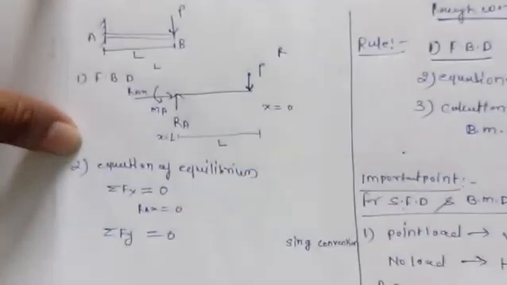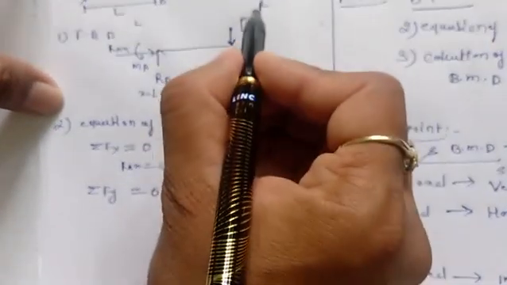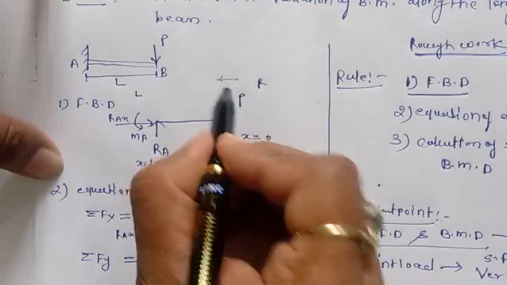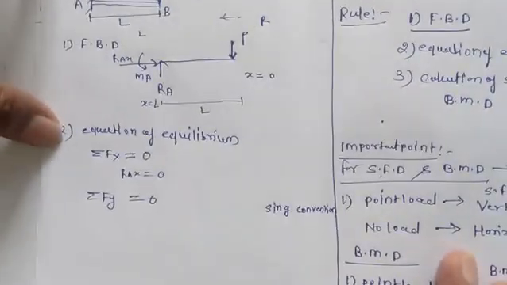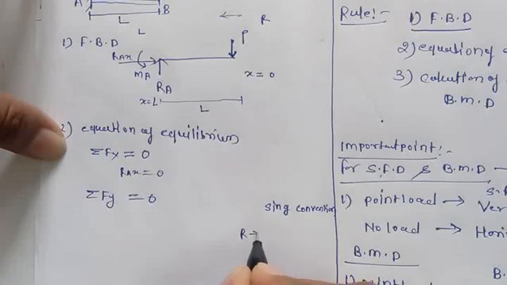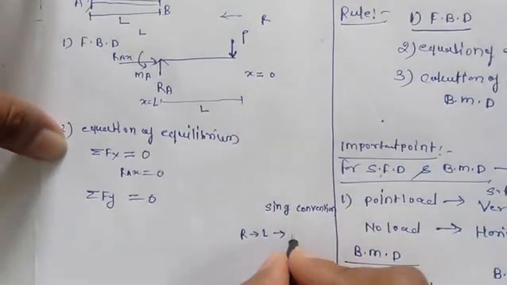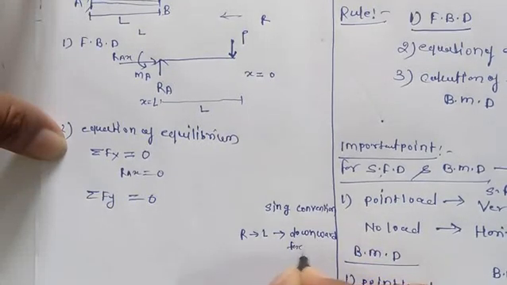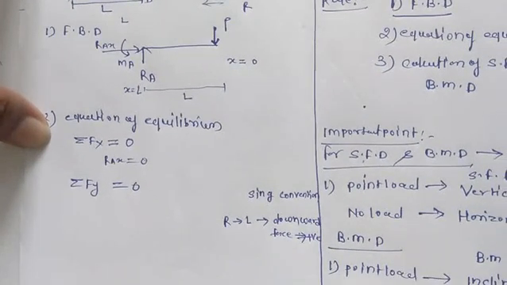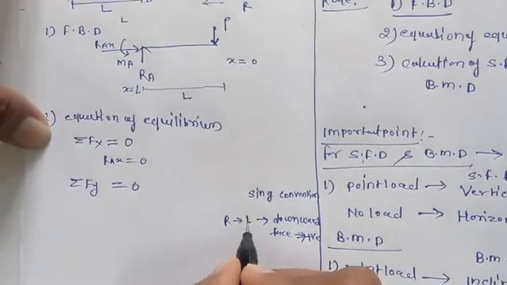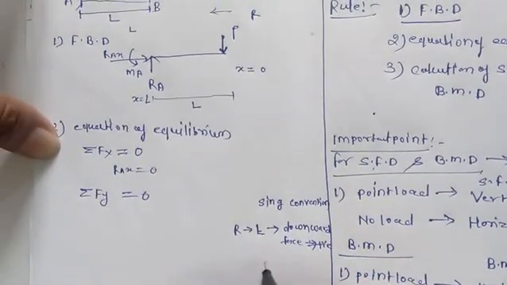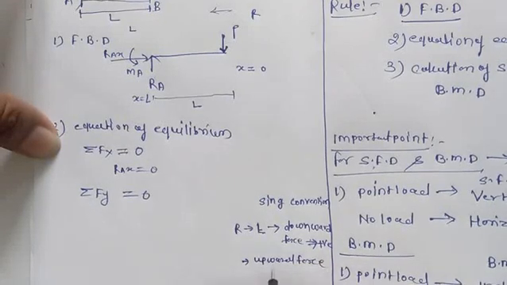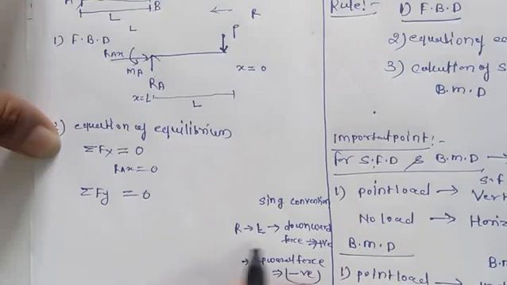If I am moving from right to left, the downward force will be positive, and the upward force will be negative.